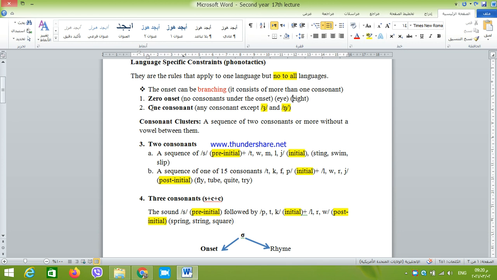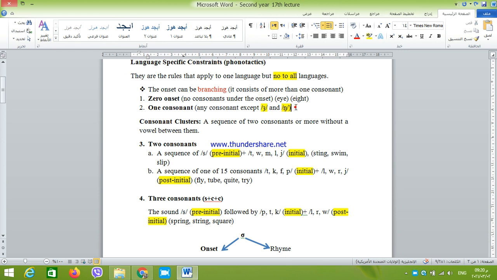Can we have one consonant? Yes, of course. Any of the consonants we have in English can be the onset of a syllable except two sounds, which are h and ng. These two sounds cannot be under the onset position. All other consonants are possible.